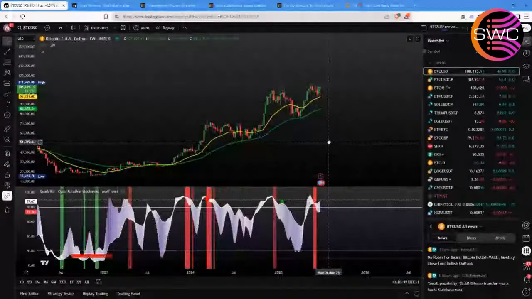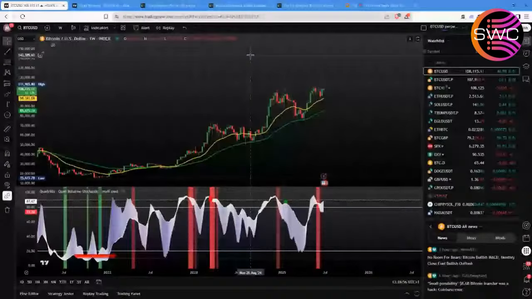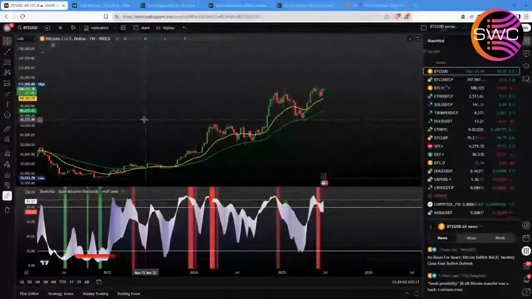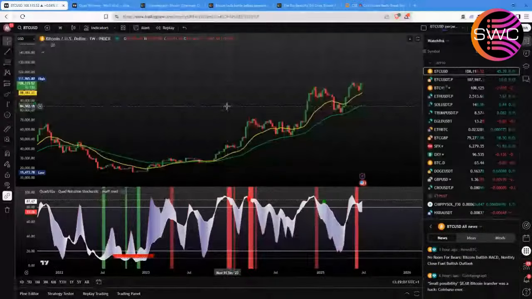So when all of a sudden the resistance lines are not really there to be drawn anymore, then suddenly this becomes the way to be trading, I think, if trading at all at that point.